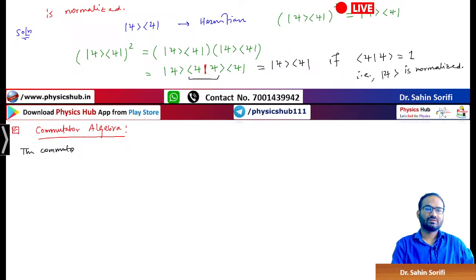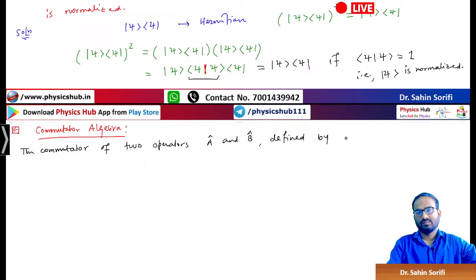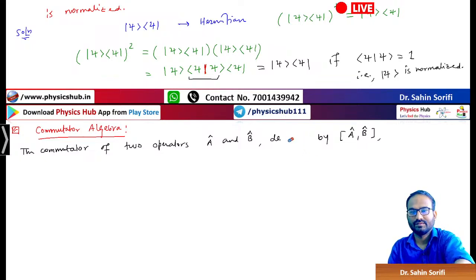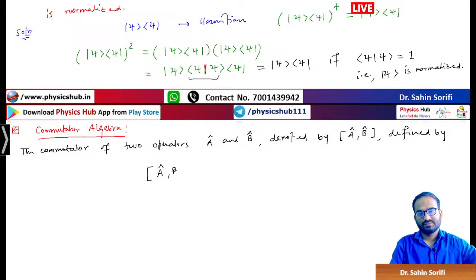We have already defined the commutator in matrices also. The commutator of two operators, one is A and another one is B, is denoted by square brackets and defined by: commutator of A, B is equal to A cap B cap minus B cap A cap. Simple as that.